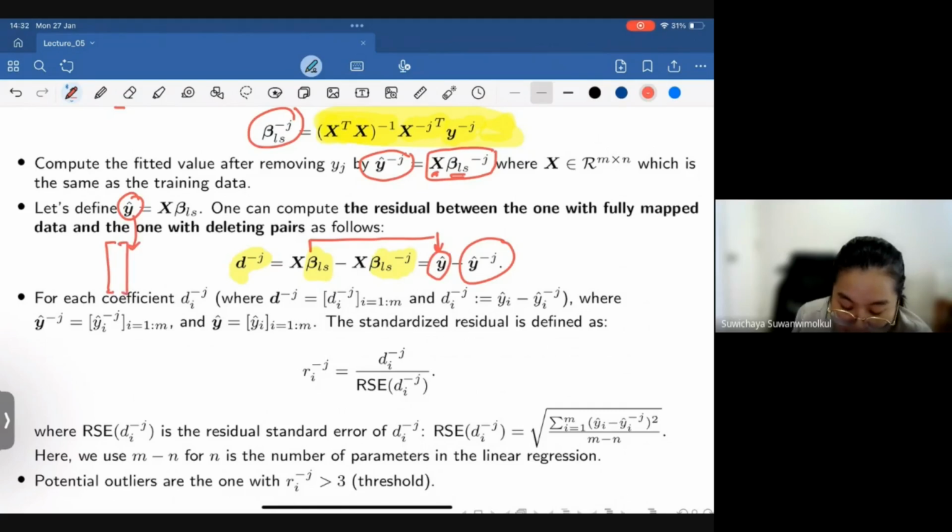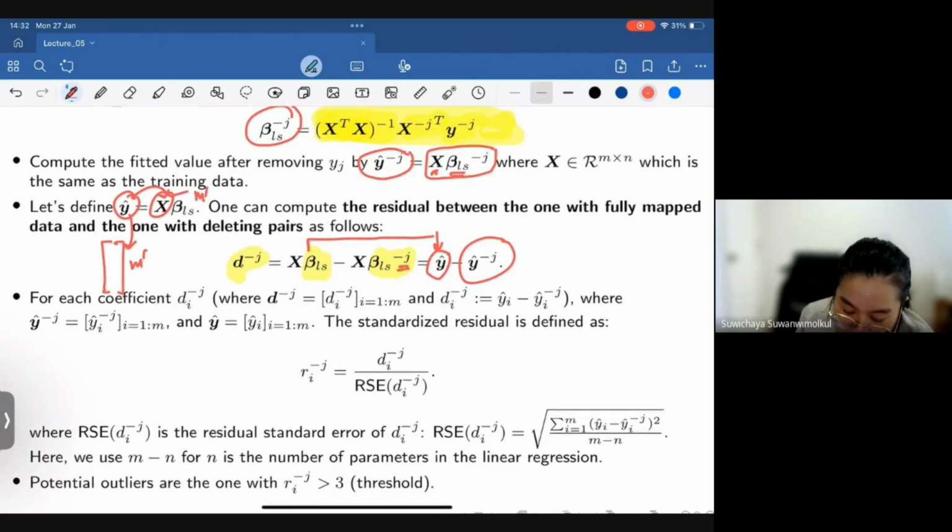You can probably guess that if this vector came from multiplying the testing input X, and we have, let's say, m prime testing samples, then we should also have m prime predictions. So when we remove the j sample from our training, it will not impact the dimension of our testing, of course.